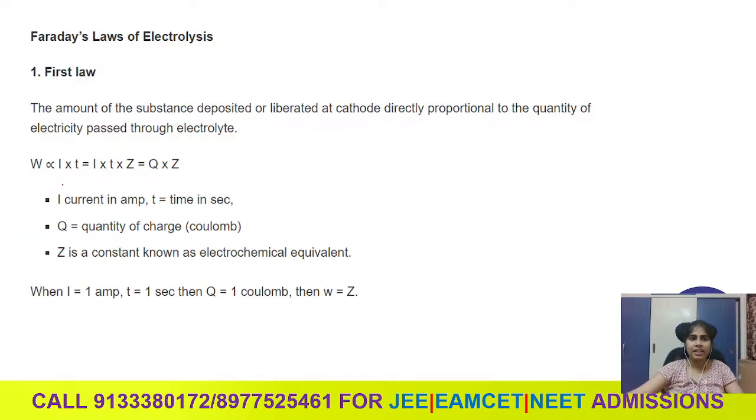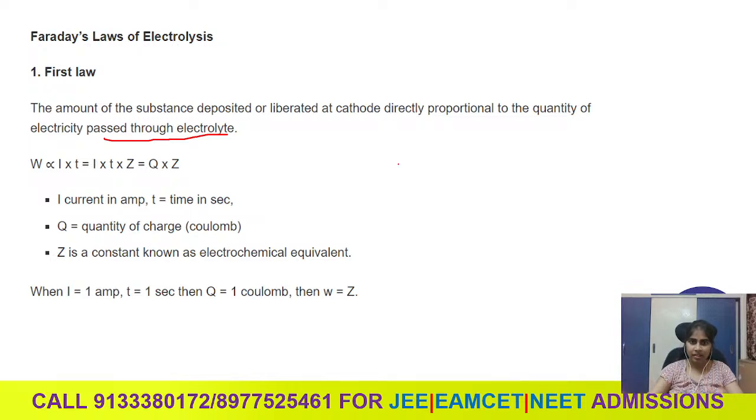Now let us see Faraday's laws. What is the first law of Faraday? The amount of the substance deposited or liberated at the cathode is directly proportional to the quantity of electricity passed through the electrolyte.